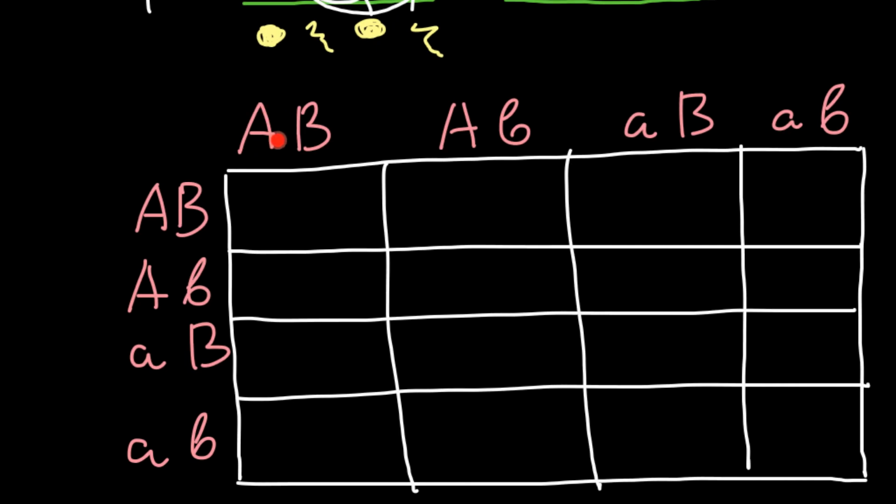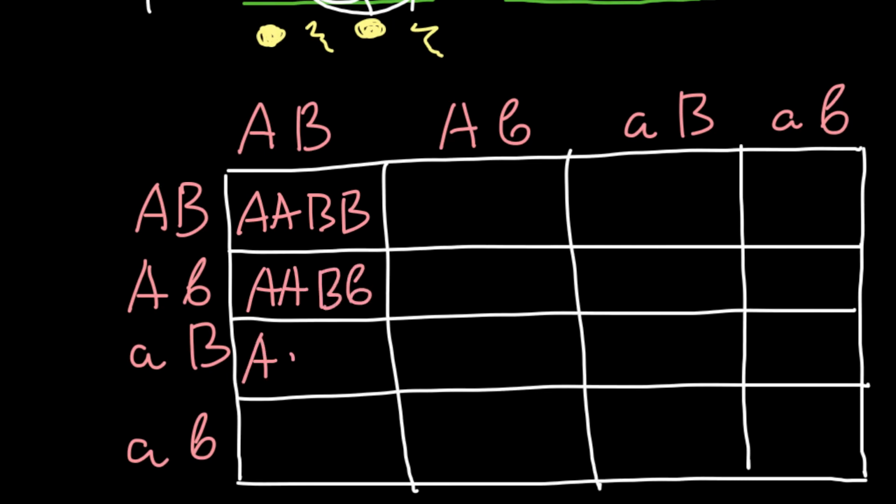One more time, the first gene is epistatic to the second gene, or the first locus where this gene is located is epistatic to the second locus. So in the first cell we have capital A, capital A, capital B, capital B, then capital A, capital B, small b, capital A, small a, capital B, capital A, small a, capital B, small b.